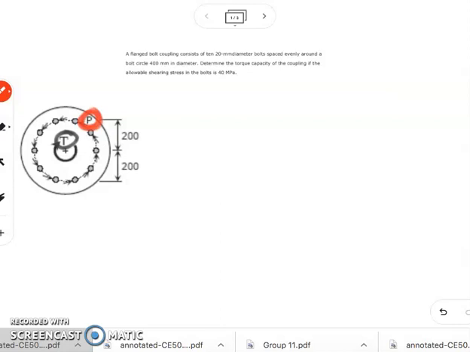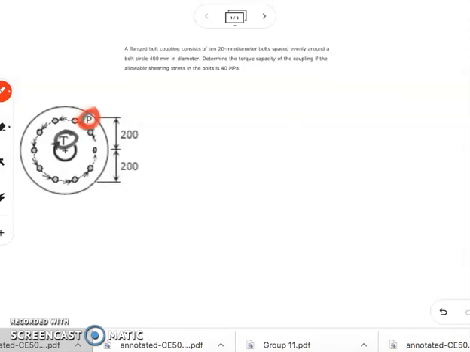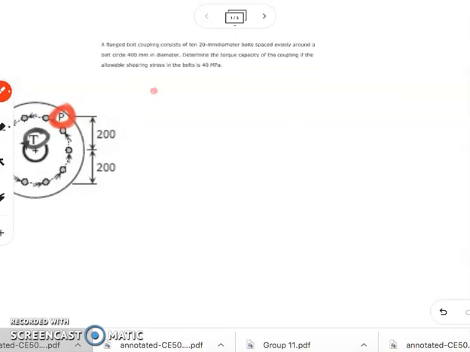So for this example, we simply have our equation T is equal to P times R times N. If we make use of this equation, this can be equivalent to area times tau multiplied by R times N.